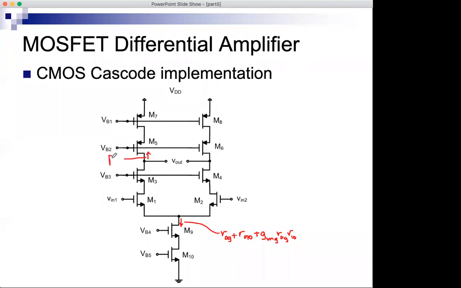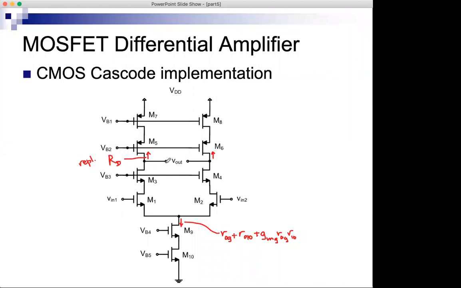So this is the replacement of RD, which is a large resistor. Same here. So this cascading of these two MOSFETs would give me a very large RD.